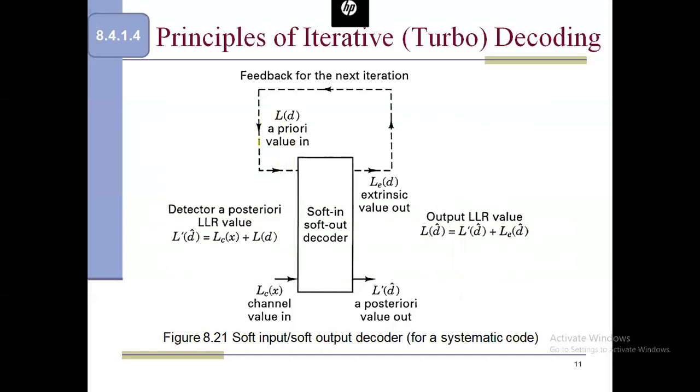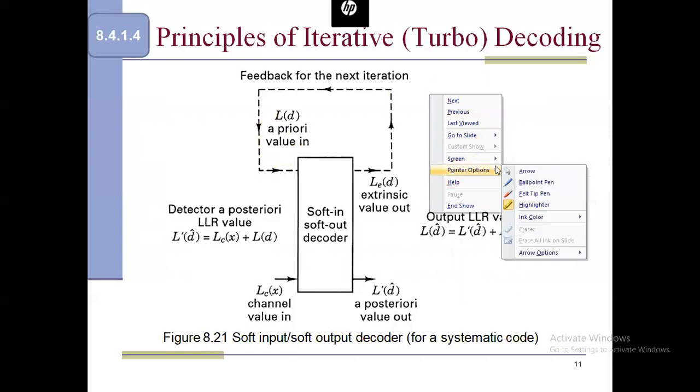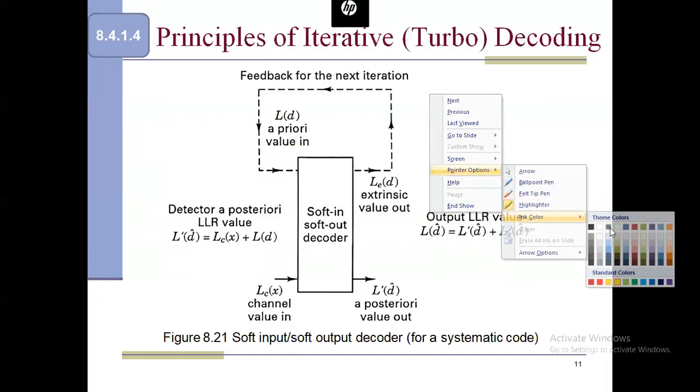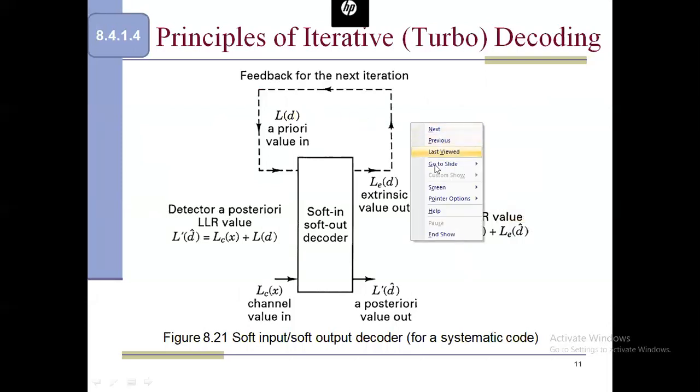The first input to the decoder is the priori probability knowledge, or the known probability, and that value is 0.